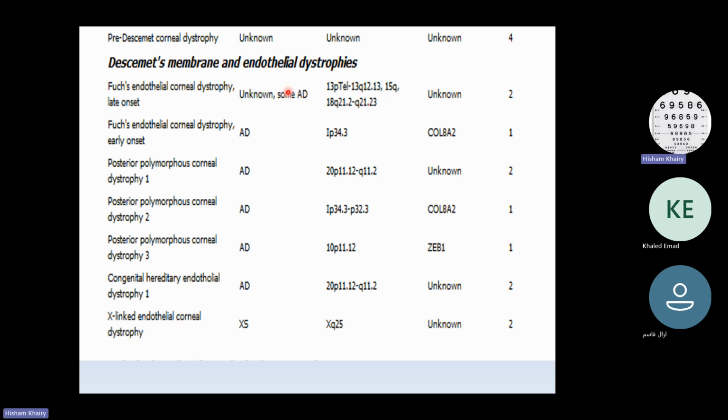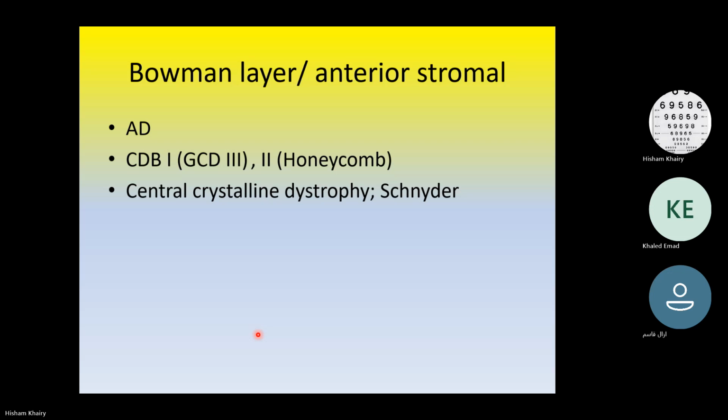As you see, most are autosomal dominant except the X-linked endothelial dystrophy. Returning to the Bowman's layer and anterior stromal dystrophies, most are autosomal dominant.